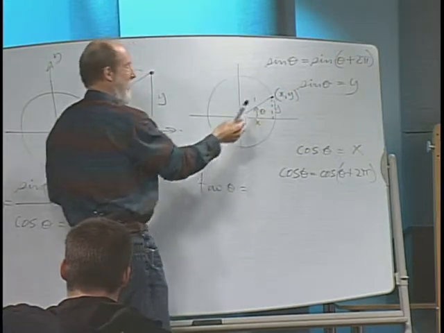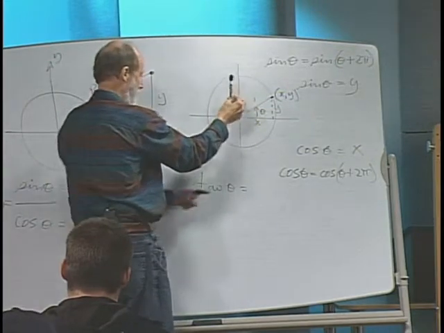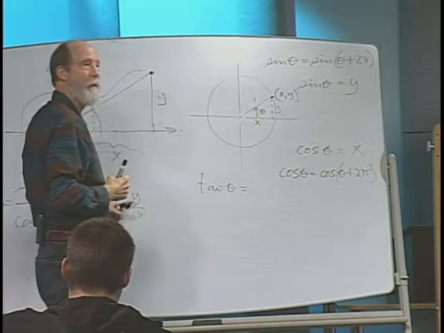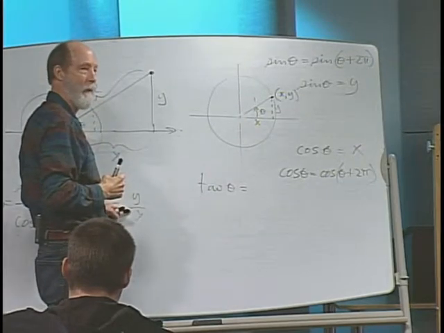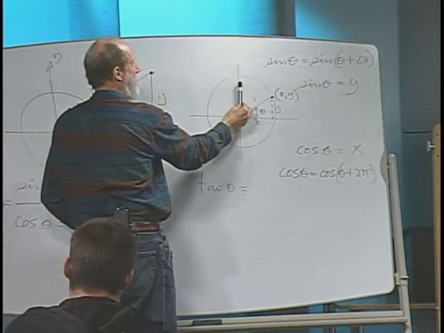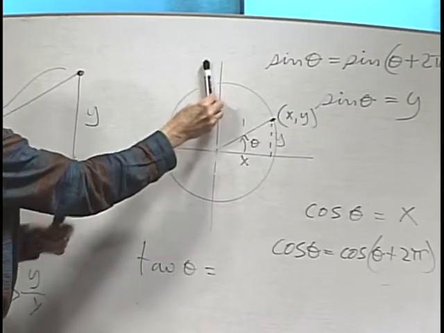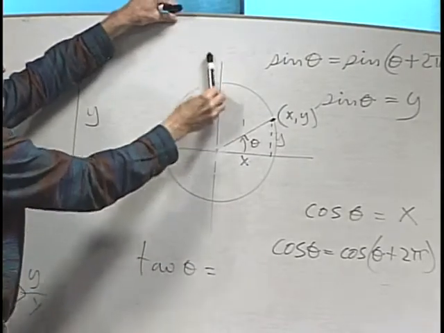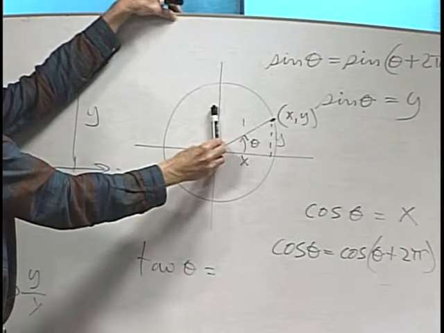Right? Now watch what happens when I go past, remember it's y over x, it's y over x. Watch what happens when I go microscopically past 90 degrees. Huge negative. Huge negative number.